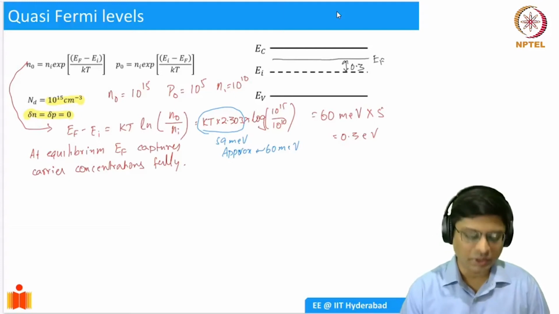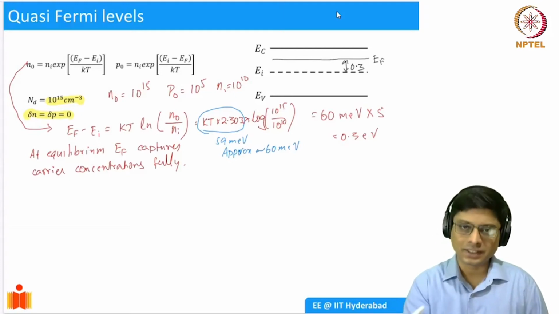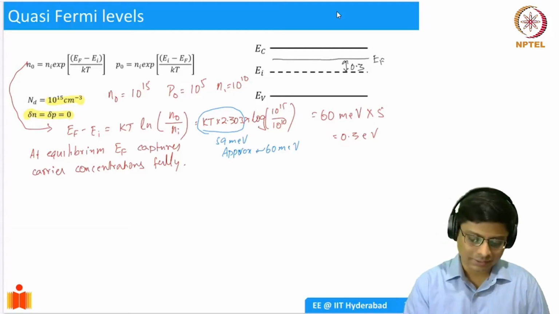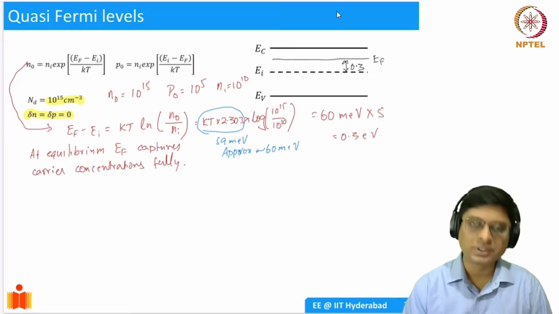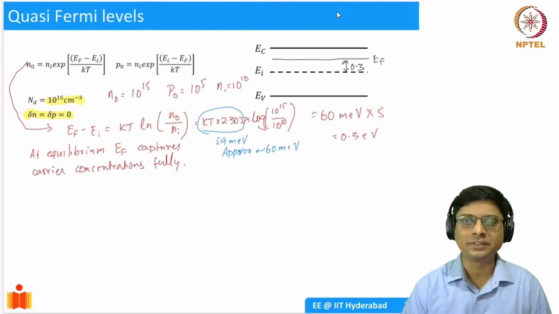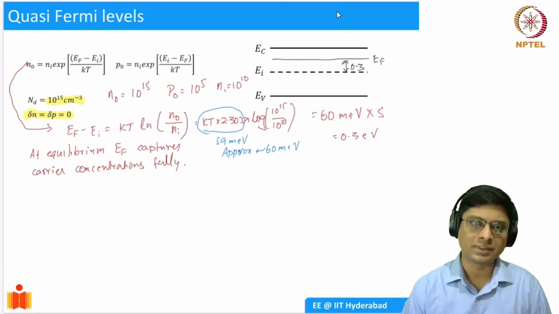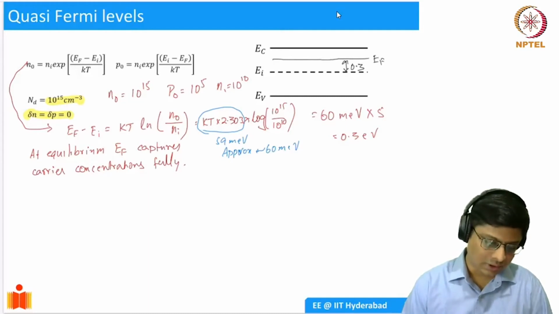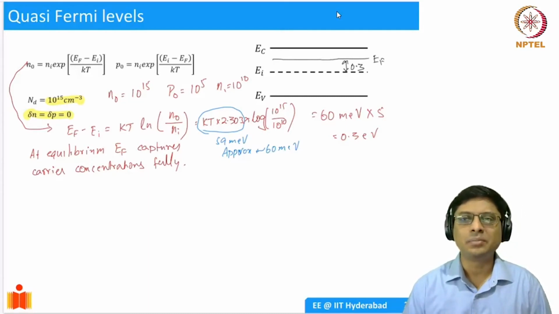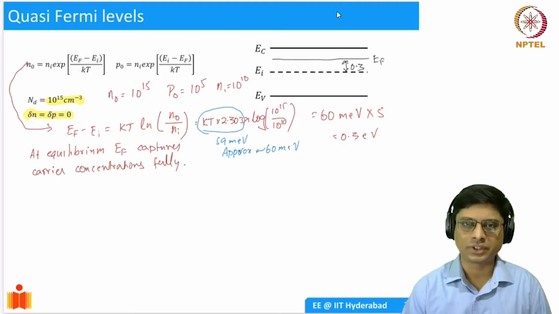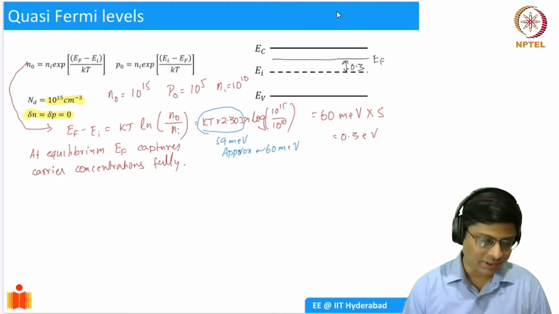You could also use the P naught expression and calculate the distance from EI. P naught was 10 power 5, so you just use the P naught expression and calculate EF again. It will give you the same answer. The Fermi level will be 0.3 eV above EI. You'll get the same answer, but please make sure that you verify that. So whenever you have an equilibrium situation, all you need is simply EF. If you know EF, you know all the carrier concentrations. You don't need anything more.